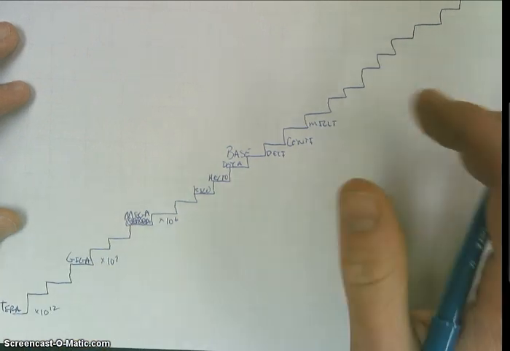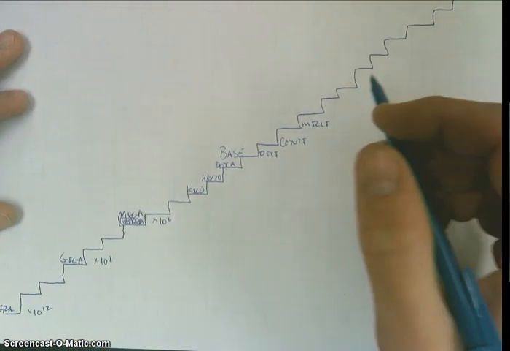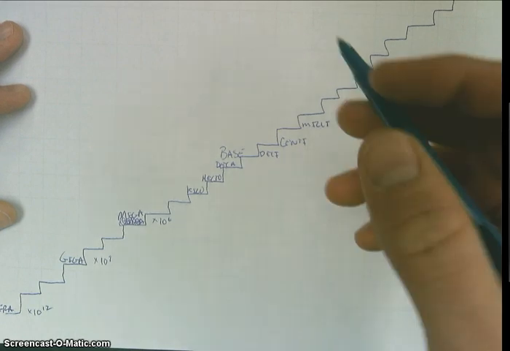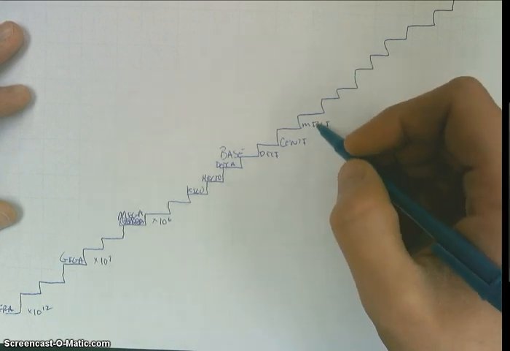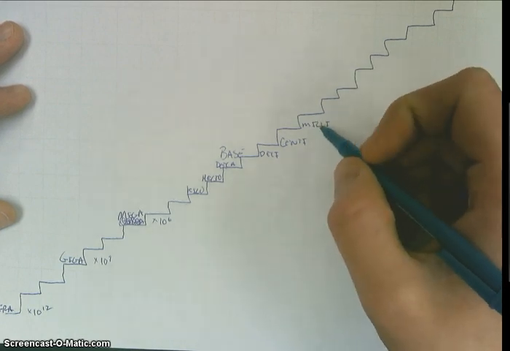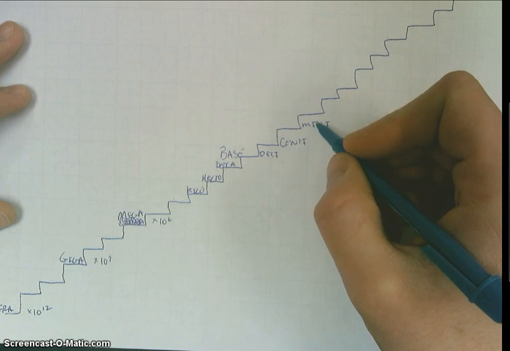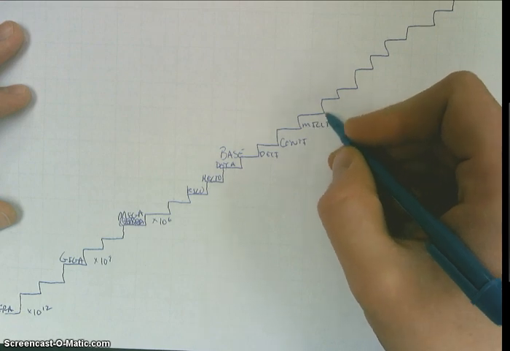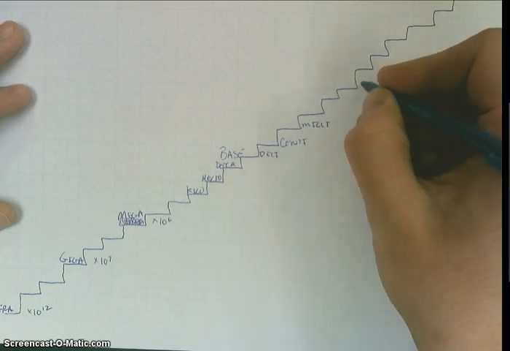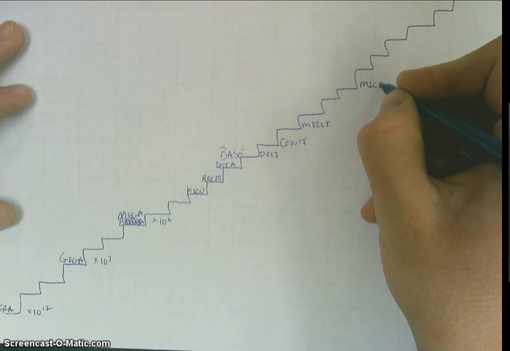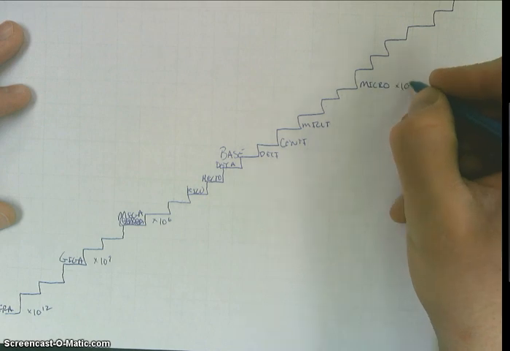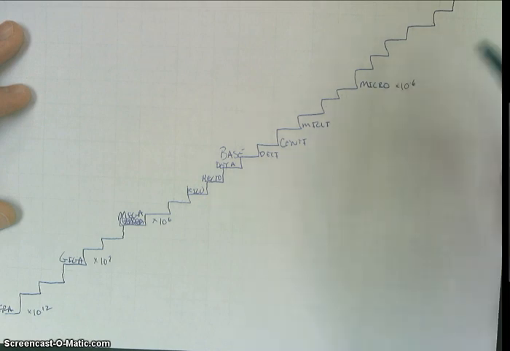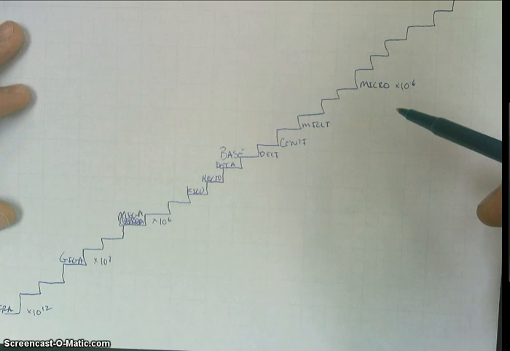Okay, and again, we can go the other way if we go smaller than that. For example, much smaller than a millimeter is a micrometer, 10 to the -6. So this is 10 to the -3, -4, -5, -6. So this would be micro, and that's times 10 to the -6, or one millionth.